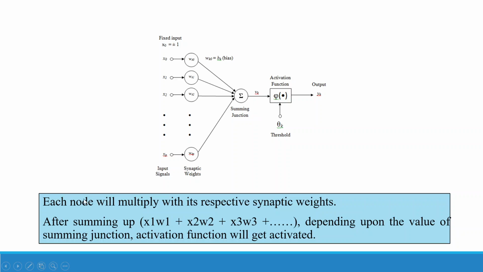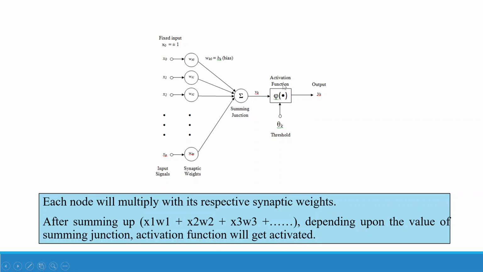Now each node will multiply with its respective synaptic weights after summing up. That is X1 with W1 plus X2 W2 plus X3 W3 till the last node. So the summing up will be done here. Depending upon the value of summing junction, activation function will get activated.